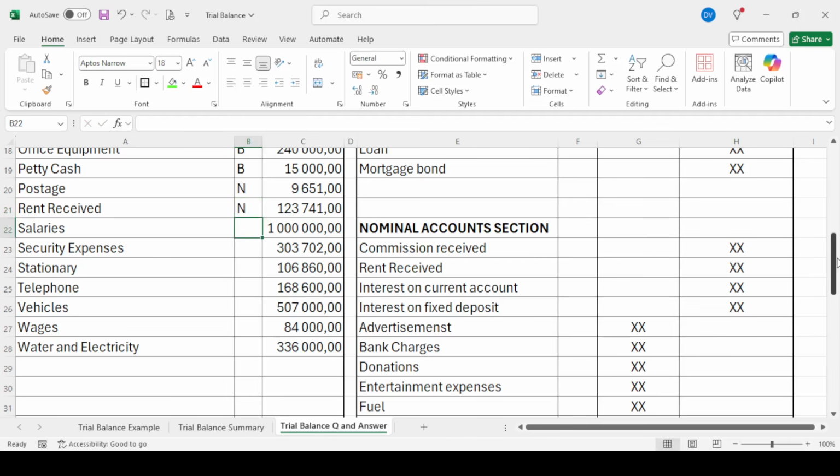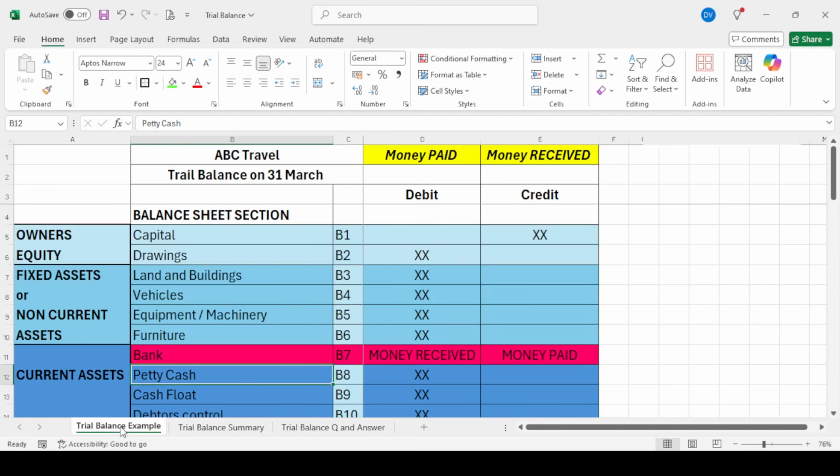Salaries, security expenses, stationery, and telephone all are expenses, and they all go under your nominal account section, as well as wages and water and electricity. Vehicles is a balance sheet section account, and it forms part of your fixed assets. There we go.